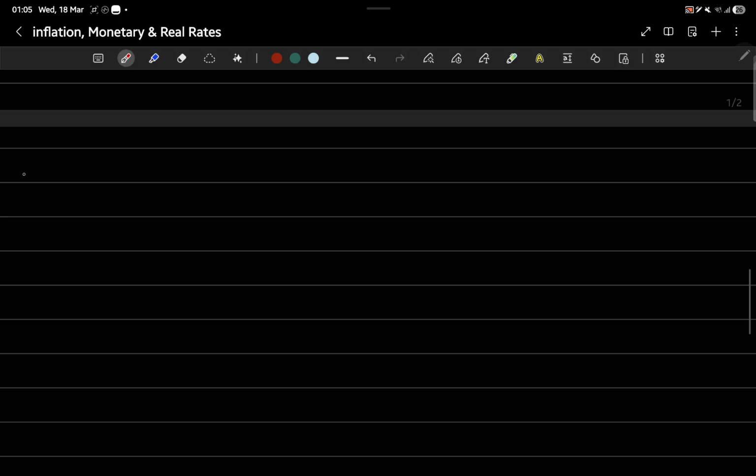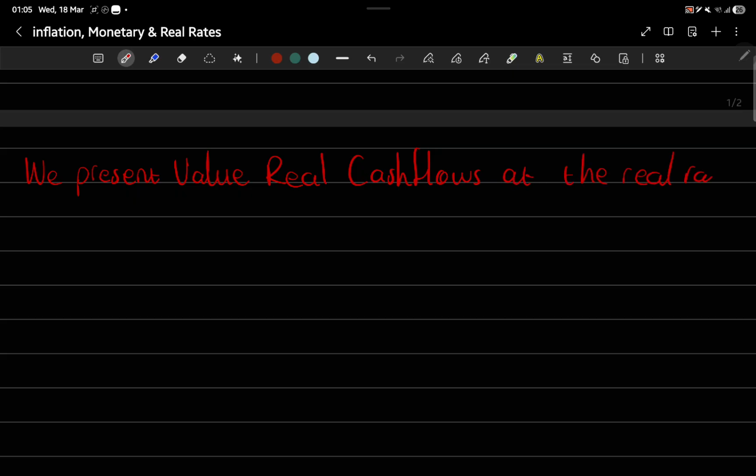So it's important and worth noting that we present value real cash flows at the real rate and monetary cash flows at the monetary rate.